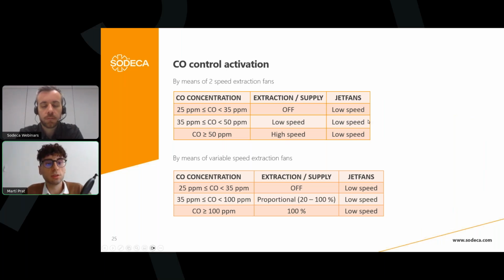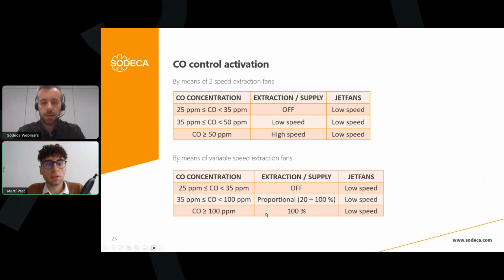So this is also very efficient in regards of electric efficiency. When it reaches 35 ppm, extraction and supply fans activate at low speed. Jet fans always at low speed because this is during daily ventilation. And when it reaches 50 ppm, the extraction and supply fans at high speed.